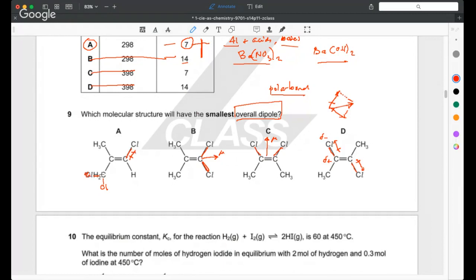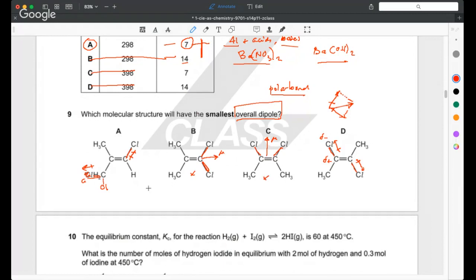And so this one as well has a dipole there as well. And if this chlorine atom was over here, you could have the polar bond and its vector pointing that way. So it's not that one because that was creating quite a large overall dipole. It's not that one because that's also creating quite a large overall dipole.